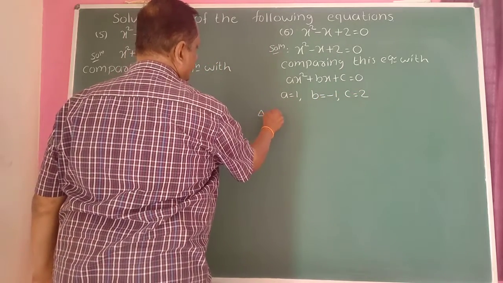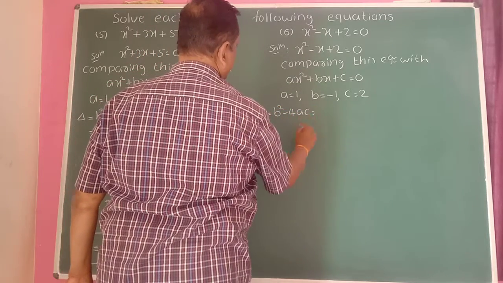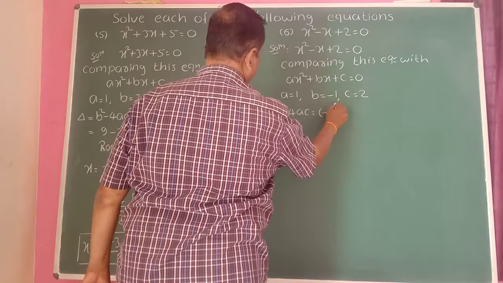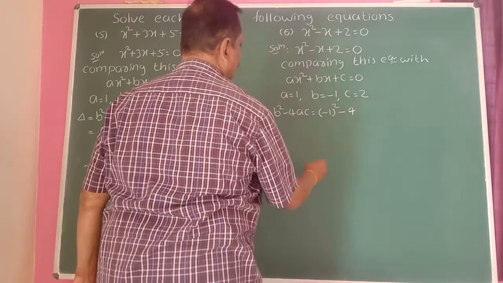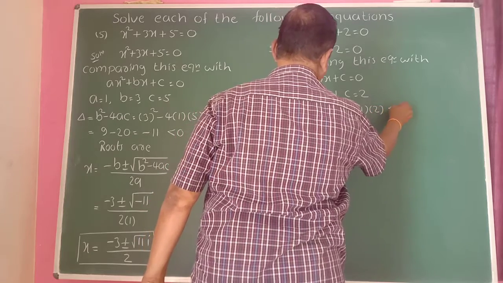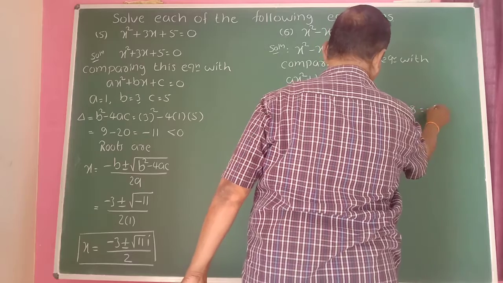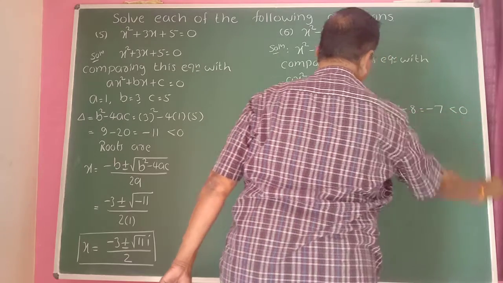Then the discriminant delta is equal to b square minus 4ac. Therefore, minus 1 its square minus 4 into a value 1 and c value is 2. Minus 1 square is 1, minus of 4 2s are 8, it gives minus 7, so it is less than 0.